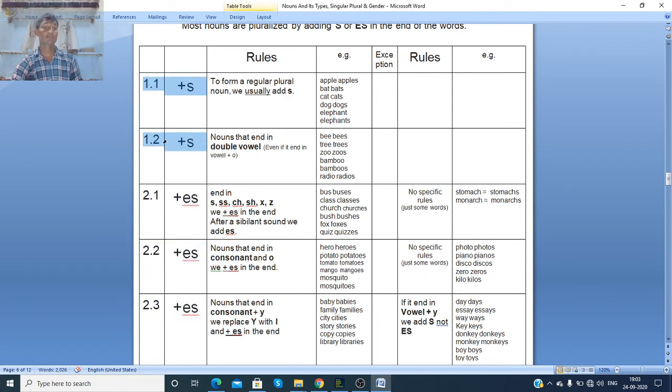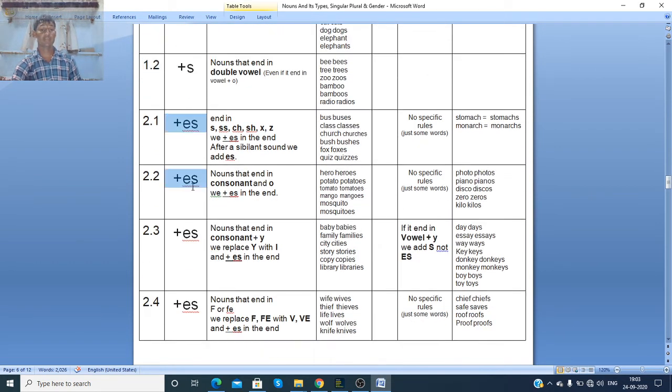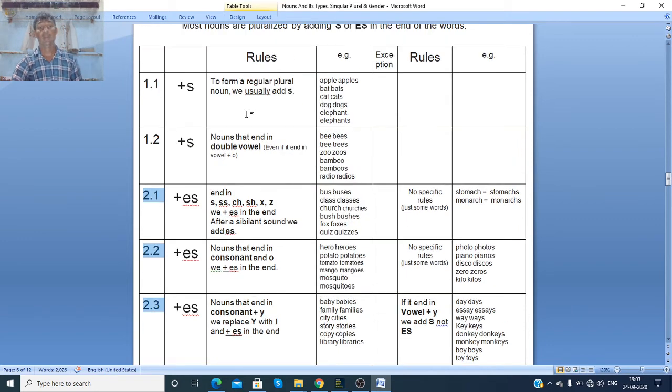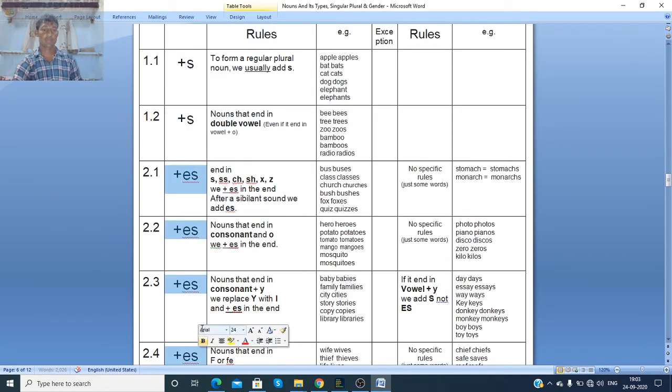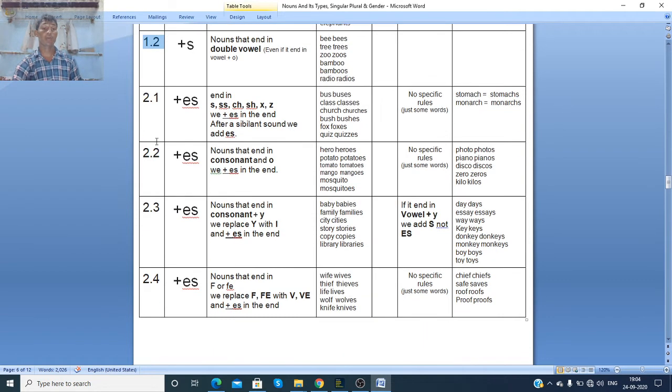Number one way, adding s. The rules are 1.1 and 1.2. Number two way is adding es at the end of the word, and here are four rules for that. Here are rules 1.1 and 1.2 for s, and 2.1, 2.2, 2.3, and 2.4 for es.